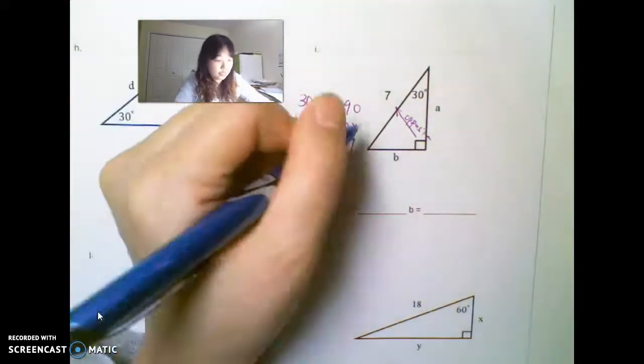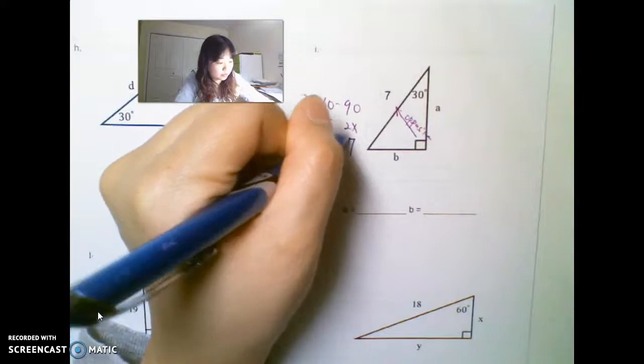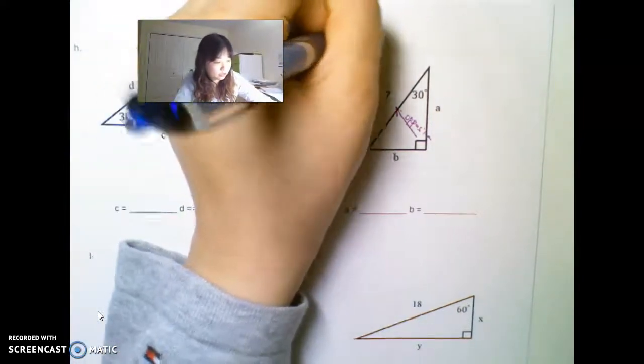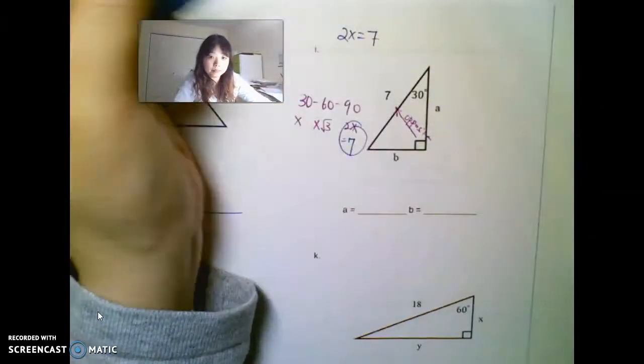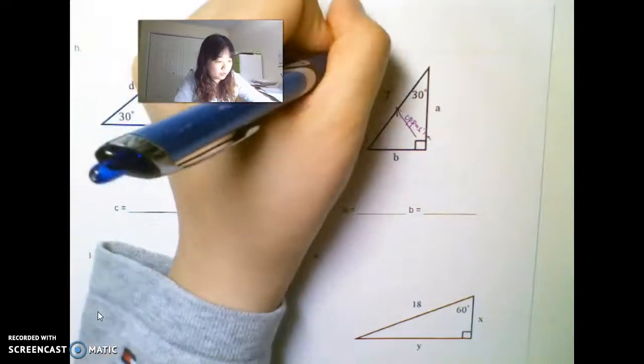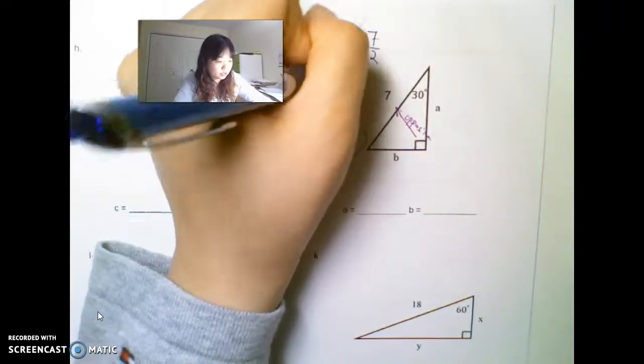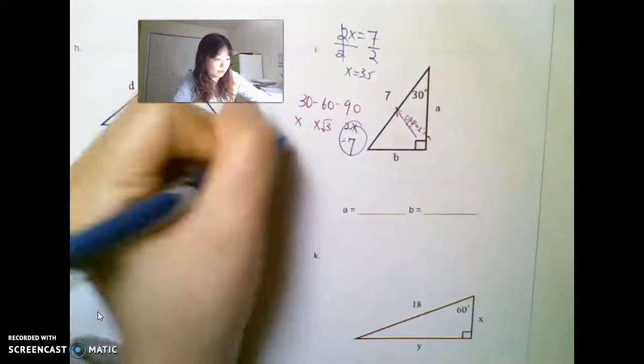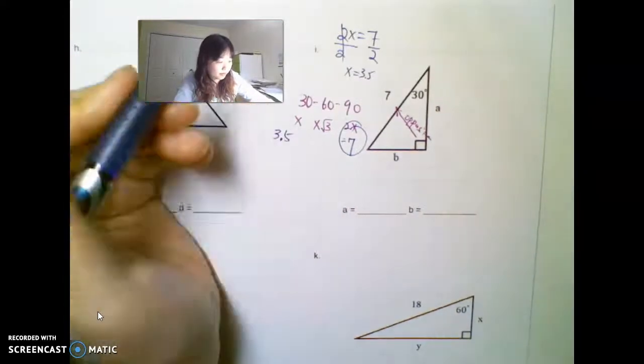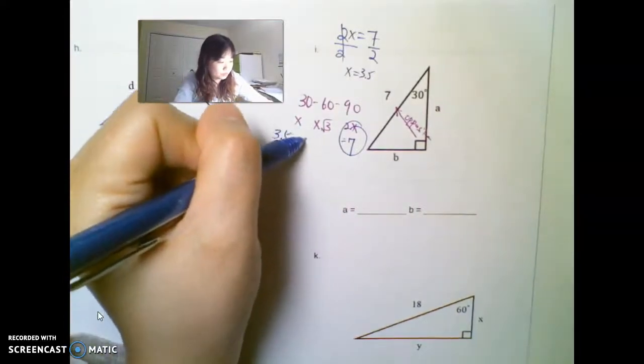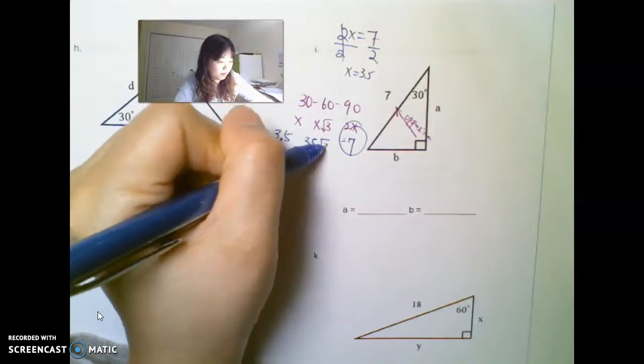You see this? So 2x is 7. If you want to know what x is, you have to divide it by 2. So that actually makes 3.5. So x is 3.5. And then x root 3 is 3.5 radical 3.